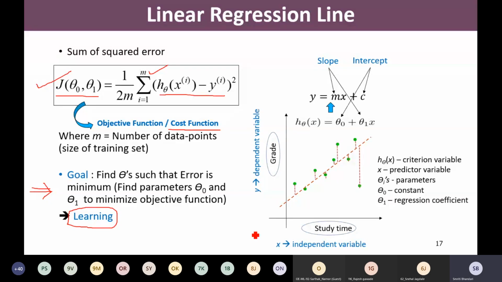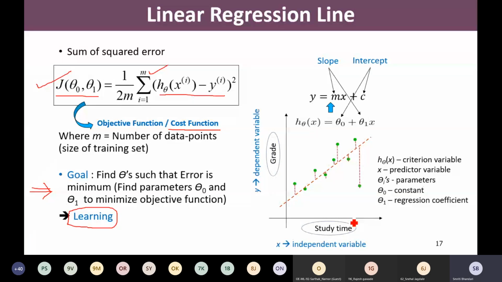If I have many such hypotheses, for every hypothesis I'll be computing this sum of squared error. And whichever hypothesis gives me the minimum error, that hypothesis is my regression line.